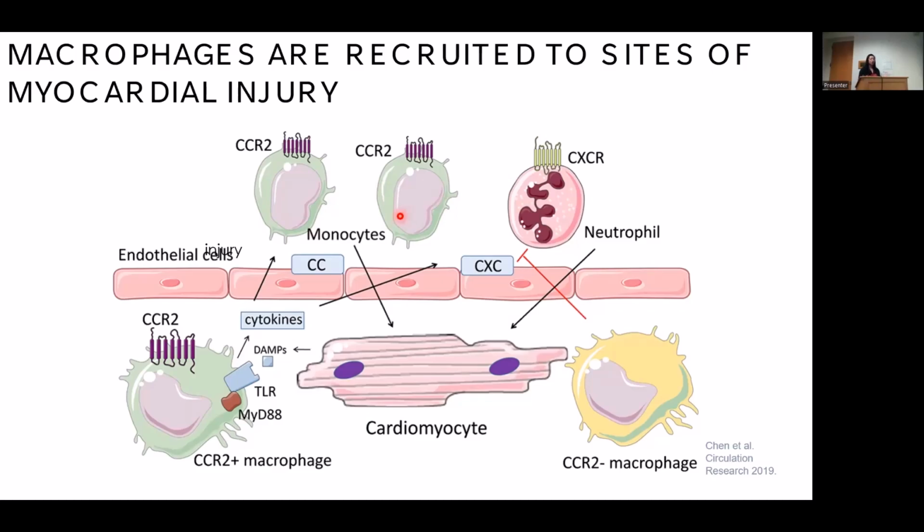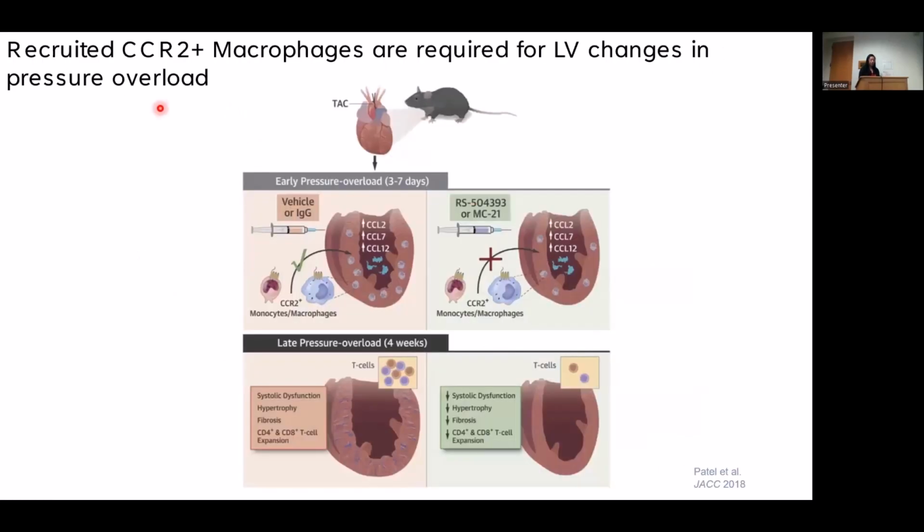So a prolonged amount of inflammation is not helpful for repair after myocardial injury. What's necessary, it seems, is a switch to more of the reparative tissue resident macrophages, the CCR2 negative macrophages, to turn off the ongoing inflammation and switch the programming of the tissue medium back to a more reparative phenotype. And these recruited CCR2 macrophages are also required for acute changes in afterload in the left ventricle.